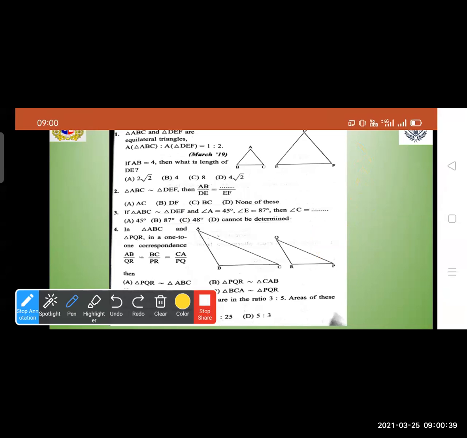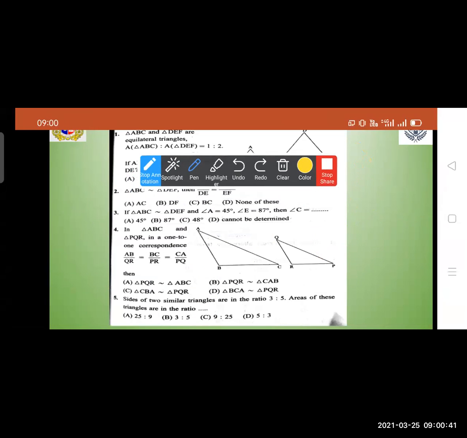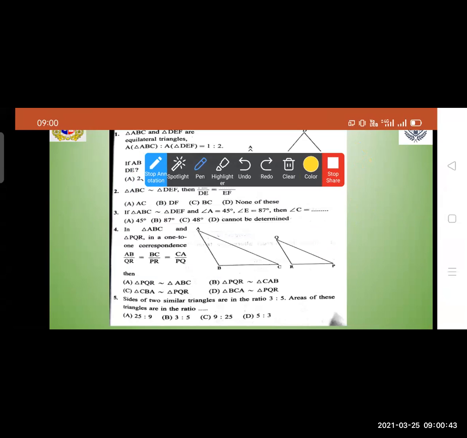Question number 4: triangles ABC and PQR are in one-to-one correspondence, so AB by PQ is equal to BC by QR is equal to CA by RP. This is given, and from this you have to show which correspondence condition is true.